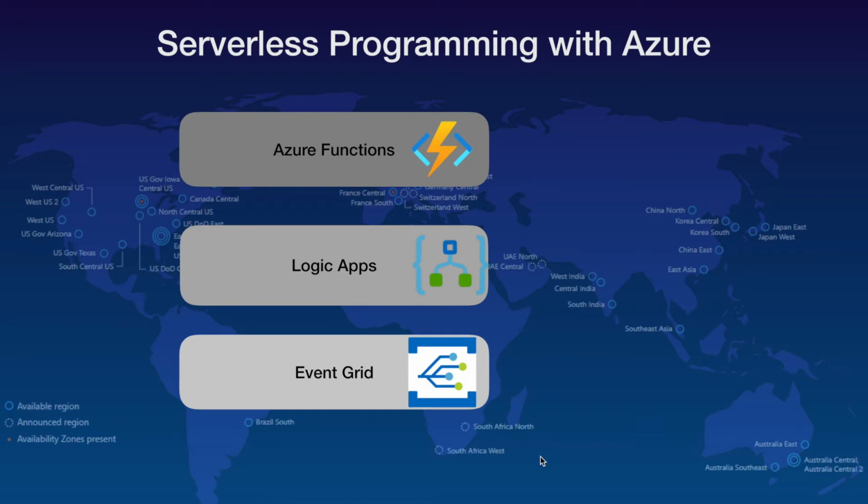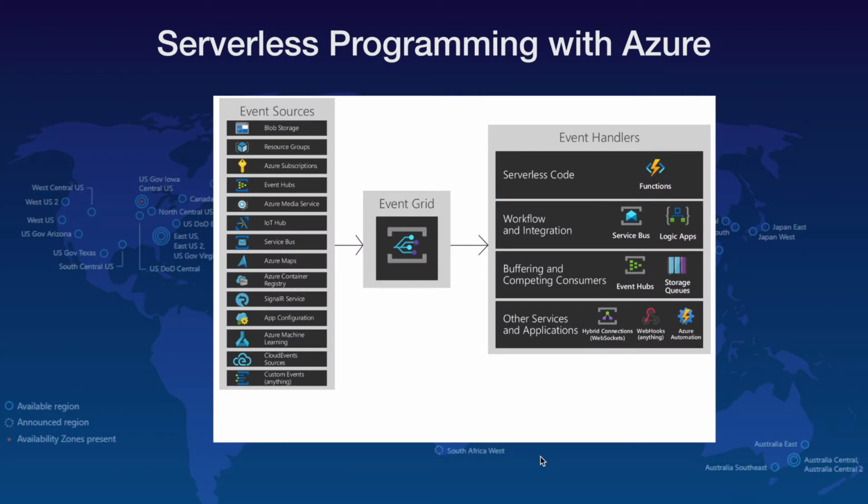Event Grid has built-in support for events coming from Azure services like blob storage, resource group, and so many others. Here is a list of events which you can use in Event Grid as an event source.